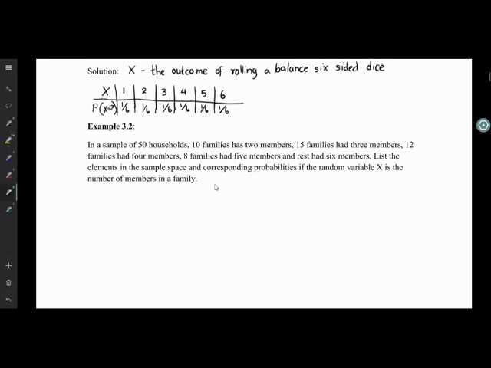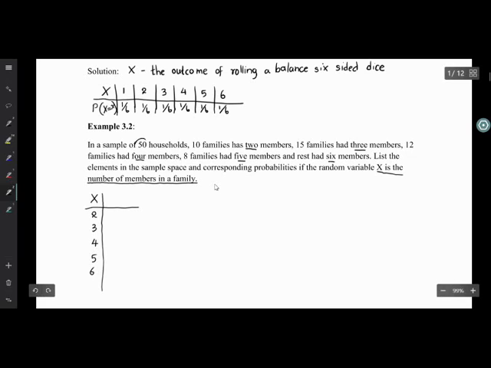So you see the random variable X, that is the number of members in a family. So the possible values that X can contain, you see 10 families had 2 members, 15 had 3, 12 had 4, 8 had 5, and the rest had 6 members. So according to this example, X can contain values from 2 up to 6.